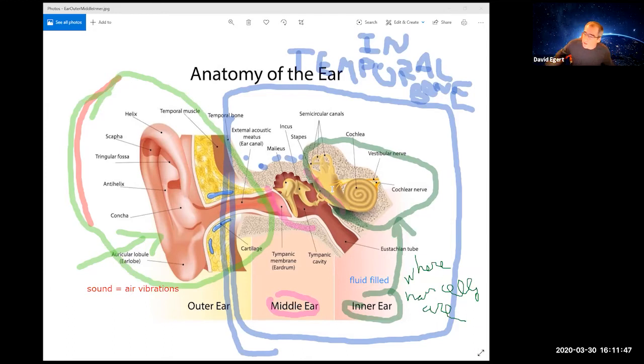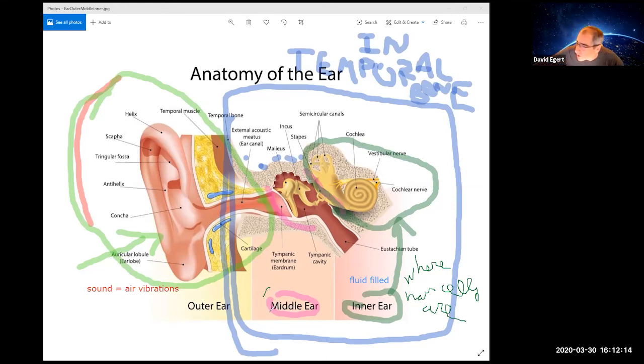You wouldn't efficiently transfer the air vibration into vibrations in this fluid-filled inner ear. So that's what's going on with the middle ear here. The middle ear is a way to efficiently convert air vibrations and movements into vibrations in the fluid of the inner ear.